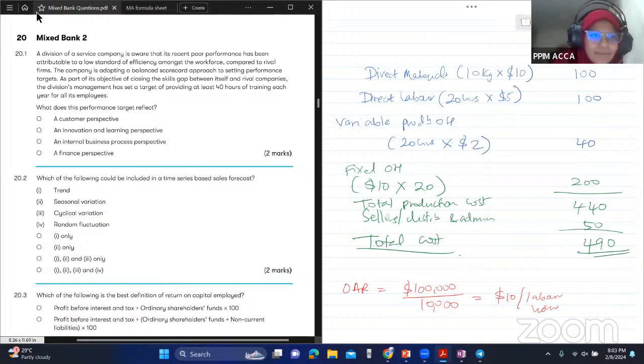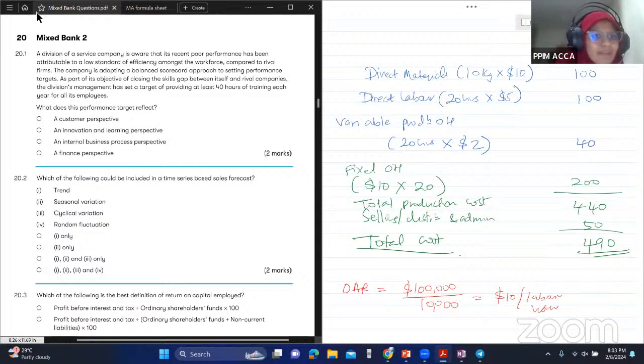The company is adopting a balanced scorecard approach to setting performance targets as part of its objective of closing the skills gap between itself and the rival companies.